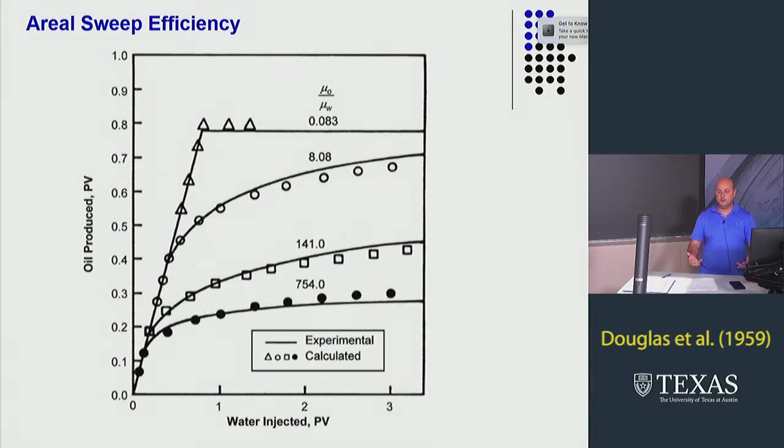The only amount of oil you have left is your residual oil saturation. But if the mobility ratio is poor, it's going to take you a really long time to get there. Okay, so long that it's impractical. This might be a practical amount of time or pore volumes.